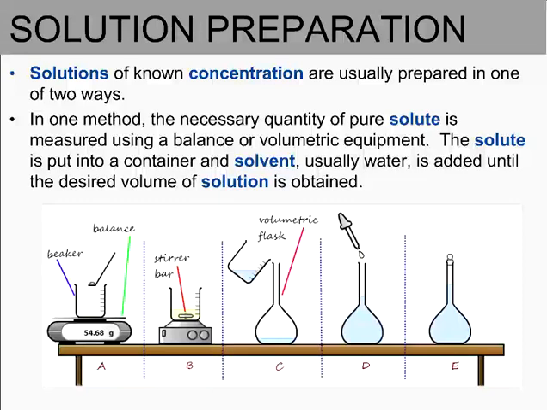And then we can add that to a flask, a volumetric flask in particular, which is very accurate. And you'll notice that it doesn't quite fill up the flask, so we would then add more water until we reach the desired volume. And then at the very end, on the far right, we have our solution of known concentration.